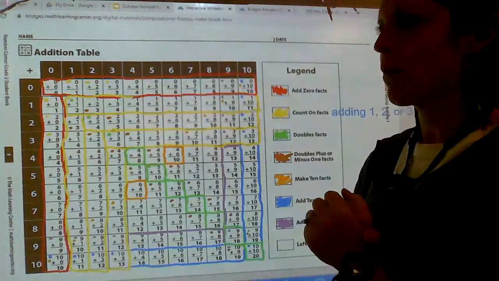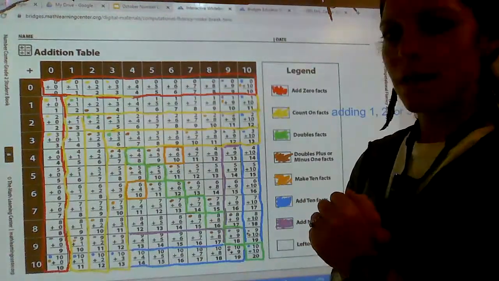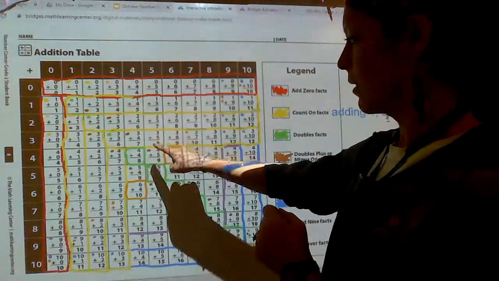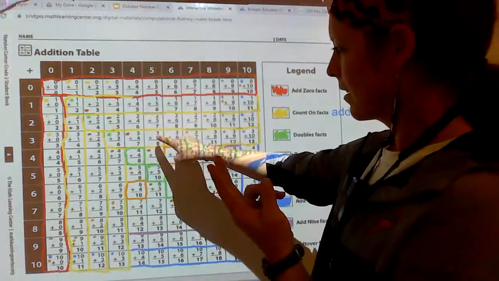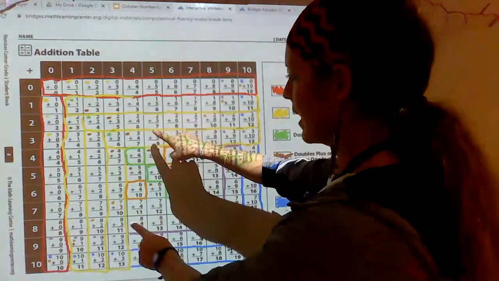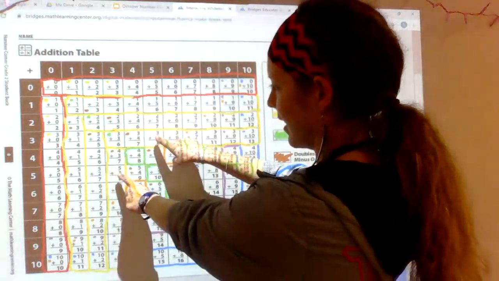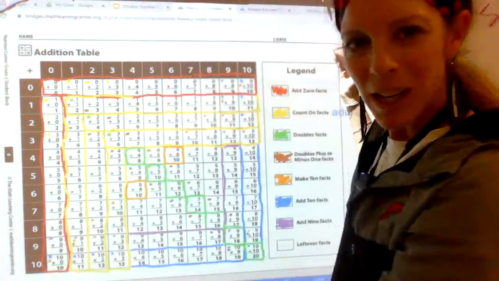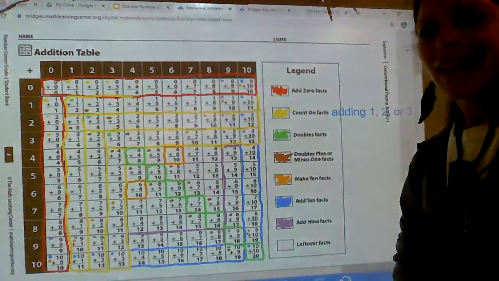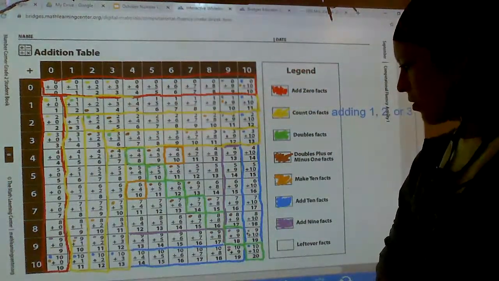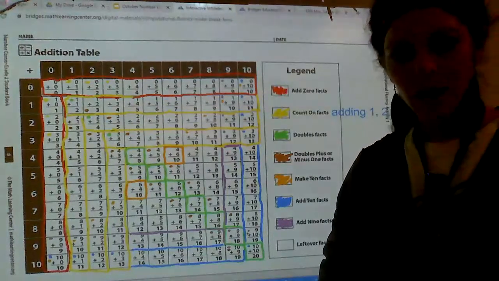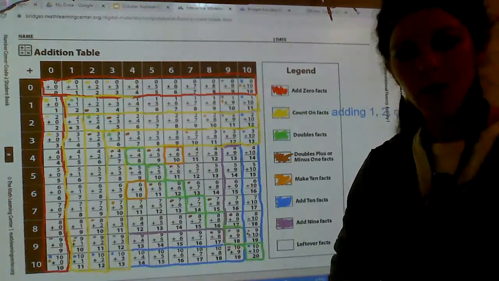What is the total of 3 plus 5? 8. You're right, so there it is. What is the opposite? The reverse, 5 plus 3. There it is. And you will see the pattern spread out. It is so cool.